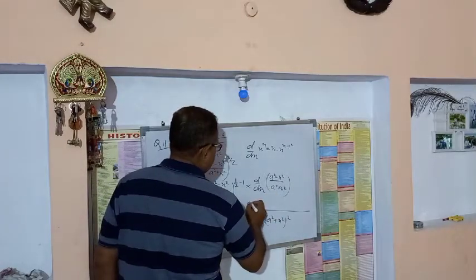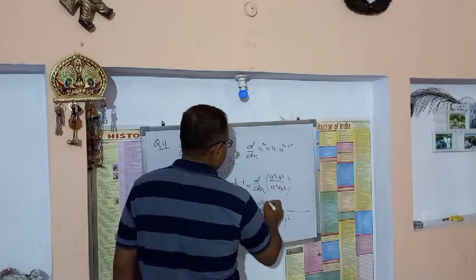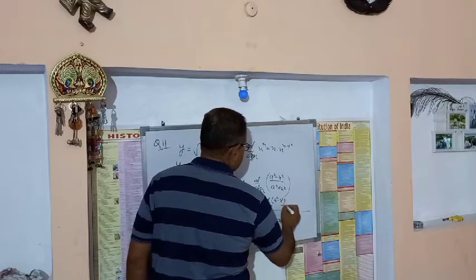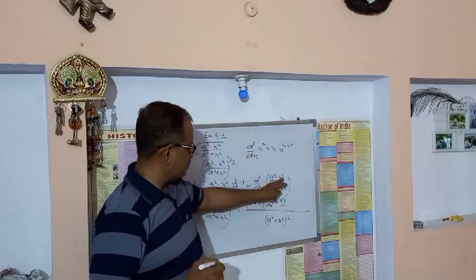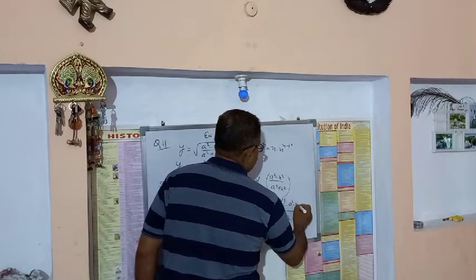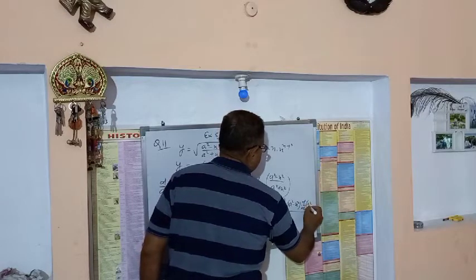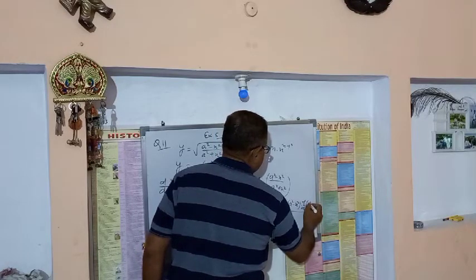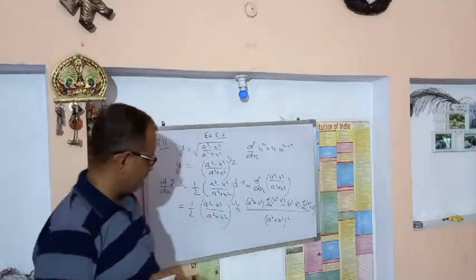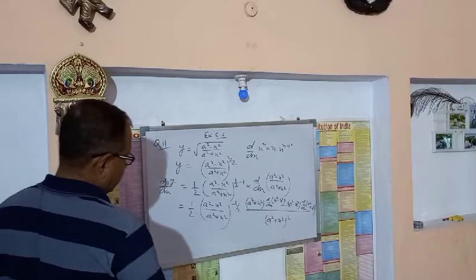Then write denominator a square plus x square into derivative of numerator a square minus x square, minus numerator a square minus x square into derivative of denominator a square plus x square. Let us simplify it.